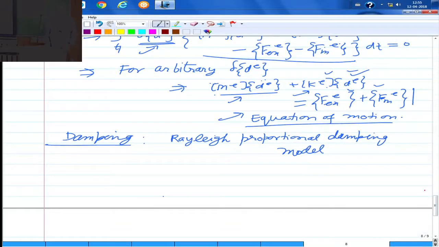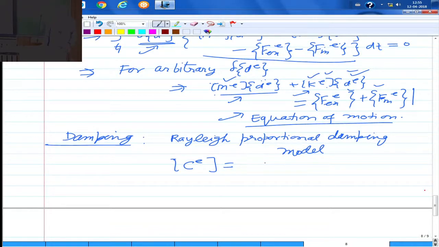In this, rather than separately bringing in another energy term or maybe through the virtual work of non-conservative forces, once we have this equation, we say that the element level damping matrix, and so also at the global level, would be a linear combination of mass properties of the system and stiffness properties of the system.